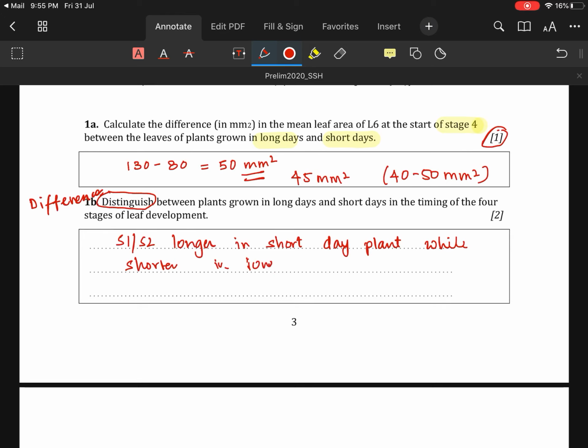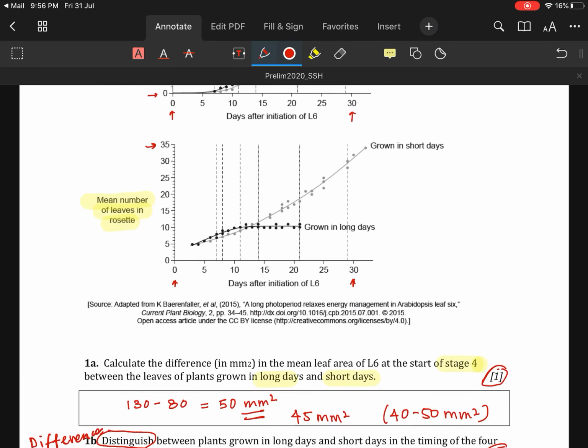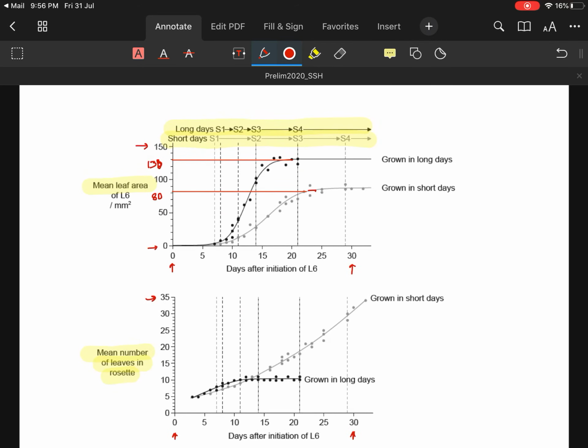Now my focus is here, it is 2 marks, and I have given 1 point here. Go back and have a look again. So probably I can say S1, S2, S3 phases in long day plants complete earlier, right? Or it's very short.